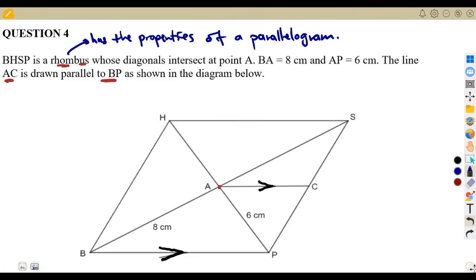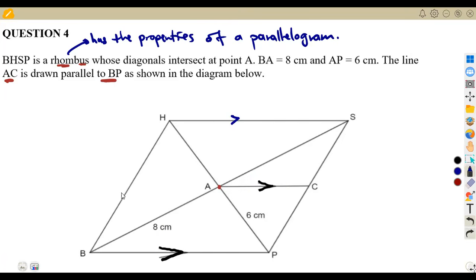What is it? Having opposite sides which are parallel, two pairs. So in actual sense, this side, HS, is supposed to be parallel to BP. So it means HS is parallel to AC, which is also parallel to BP.